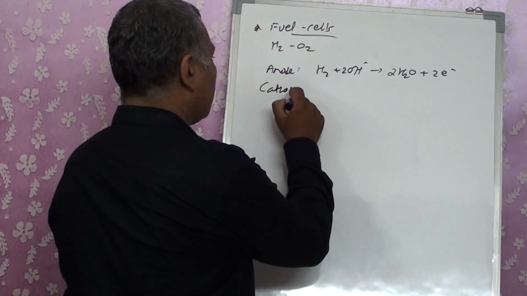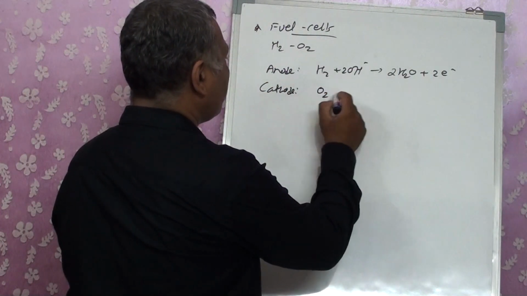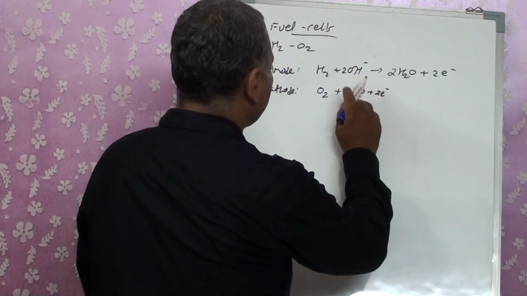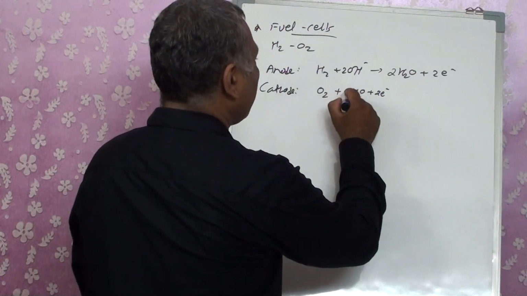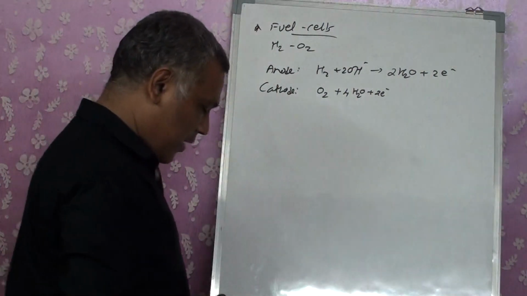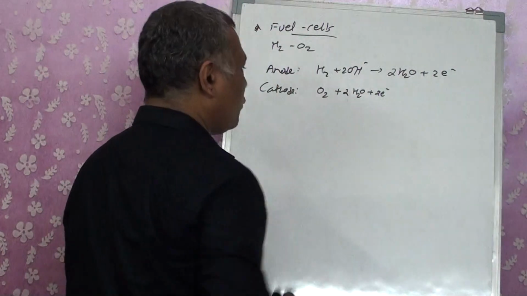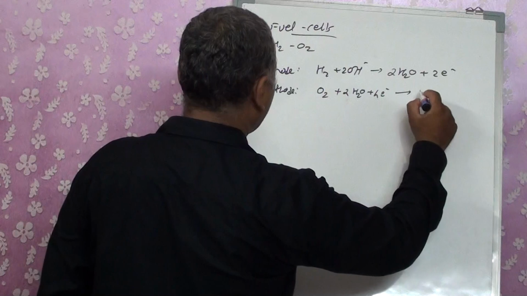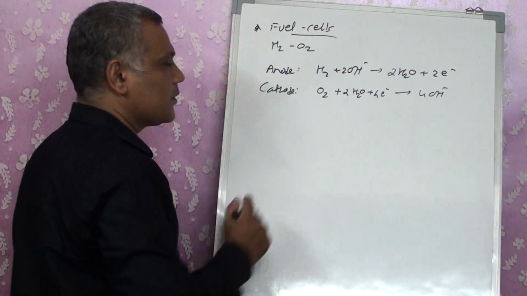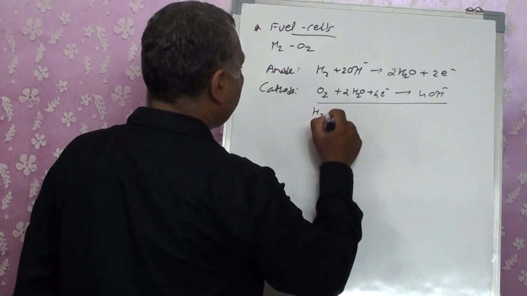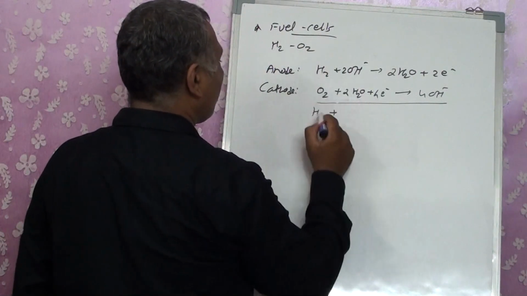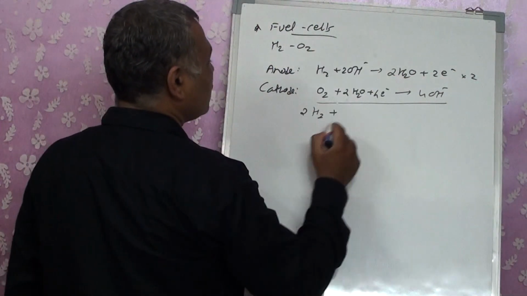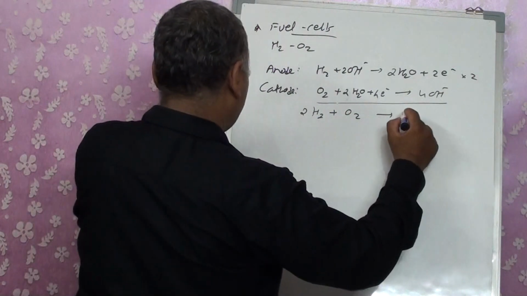For the cathode, the reaction is O2 plus 2H2O plus 4e converted into 4OH minus. For the net reaction, balancing it, I have to multiply the anode reaction by 2. So 2H2 plus O2 gets converted into 2H2O.